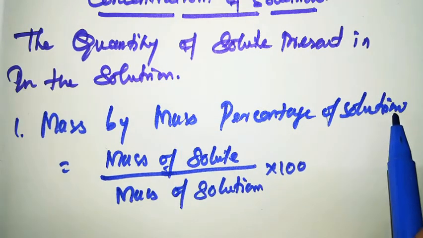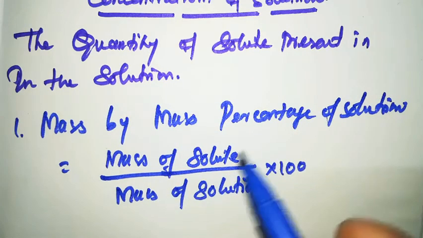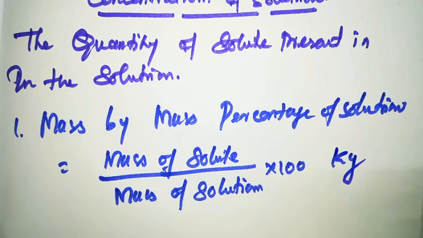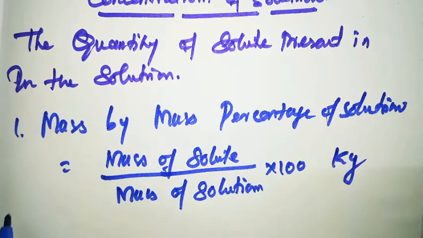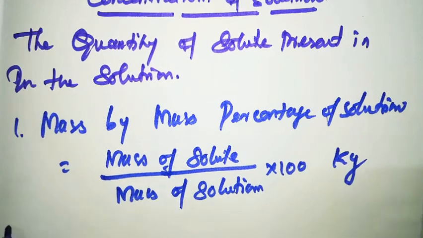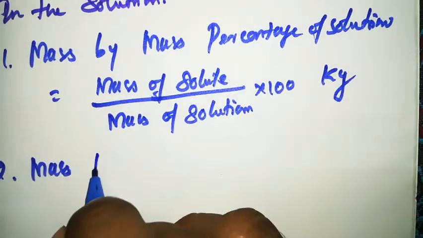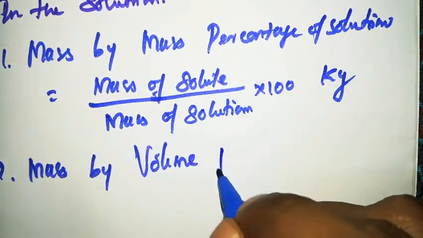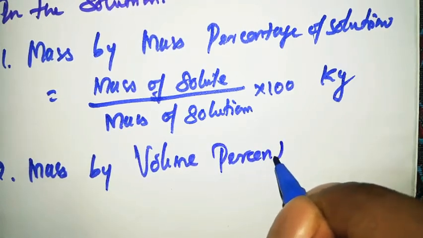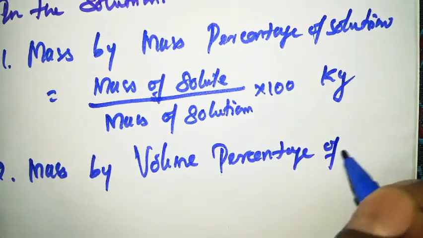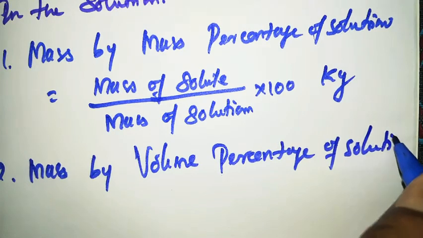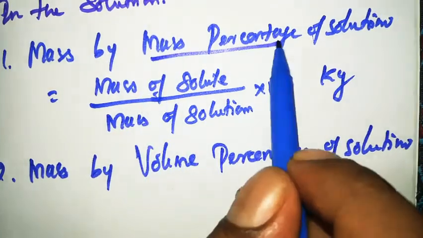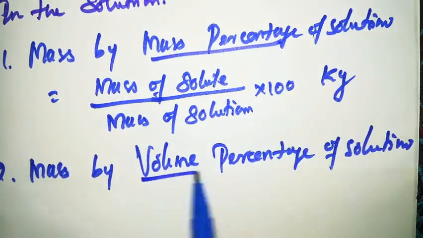Mass means weight, in kilogram level. Then the second one is the mass by volume percentage of solution. The first one is the mass percentage of solution, and the second one is the volume percentage.